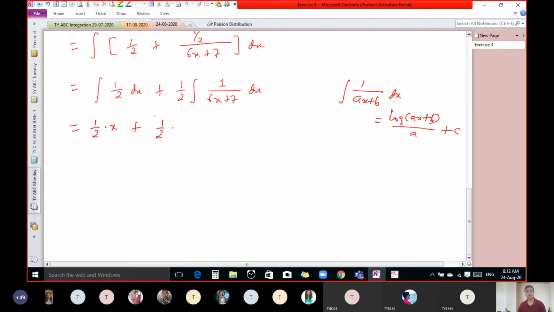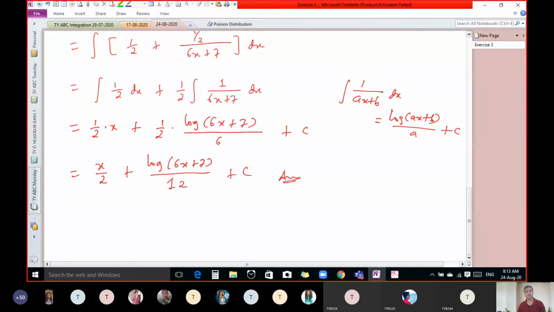So the rule is log (6x plus 7) upon the coefficient of x, which is 6, and plus c. So the final answer is x by 2 plus log (6x plus 7) in the numerator upon 2 into 6, that means 12, plus c. This is our final answer.